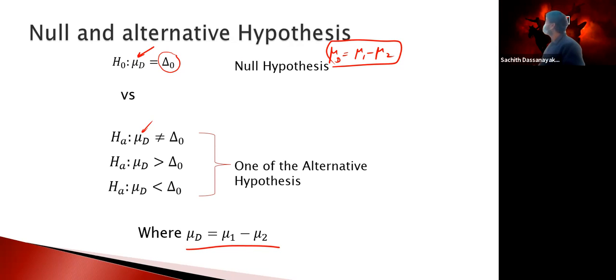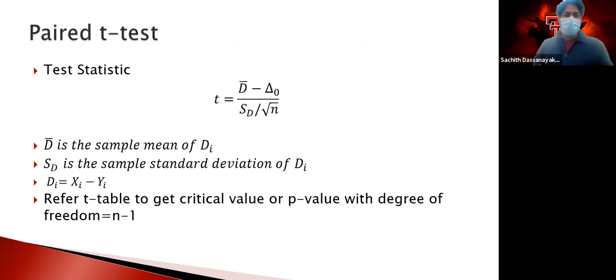Since we are discussing paired samples, in general we use mu d, their difference. The test statistic is exactly the same as what we did in chapter 9.1.